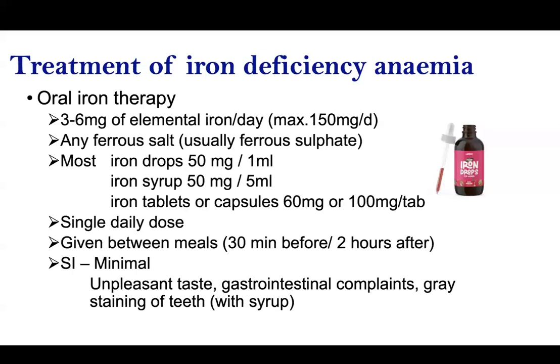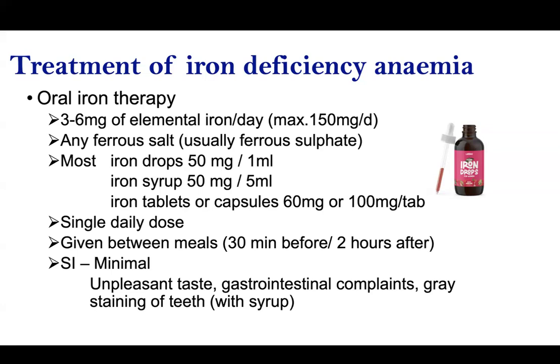The dose is defined by the amount of elemental iron. So the treatment dose of iron therapy is 3 to 6 milligrams of elemental iron per day, maximum 150 milligrams. So get used to the practice of using 1 or 2 syrups and maybe drops, and make sure you know exactly the amount of iron in those.